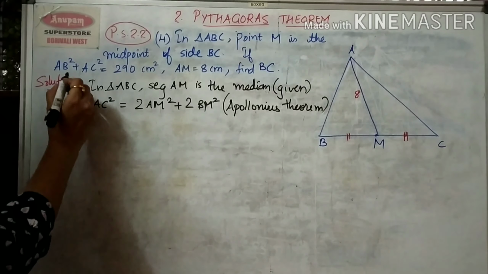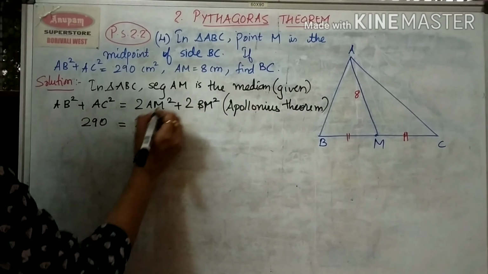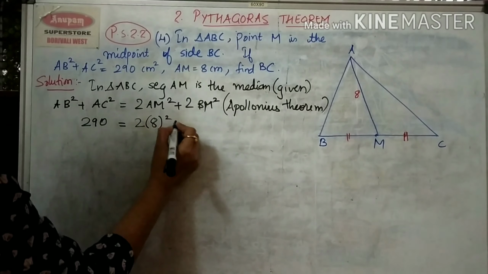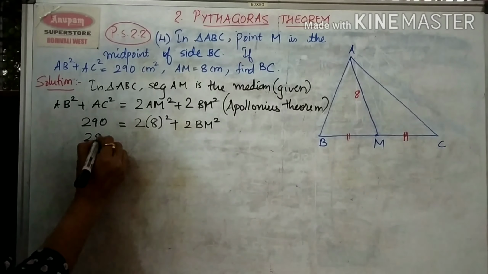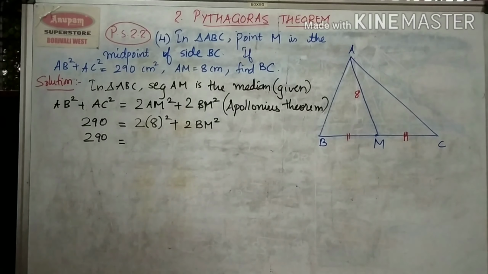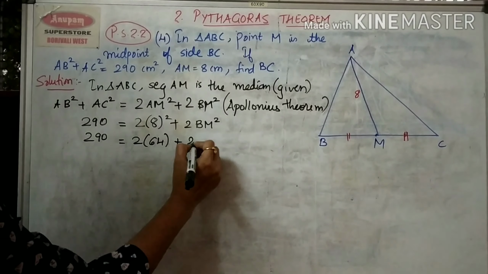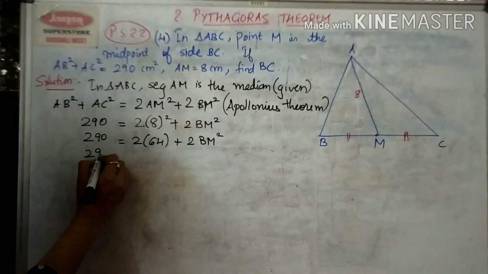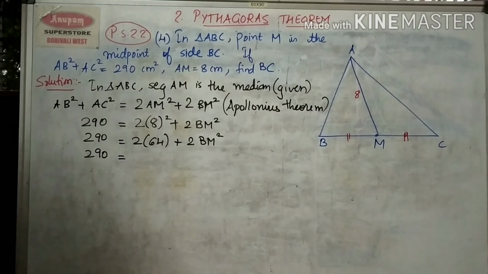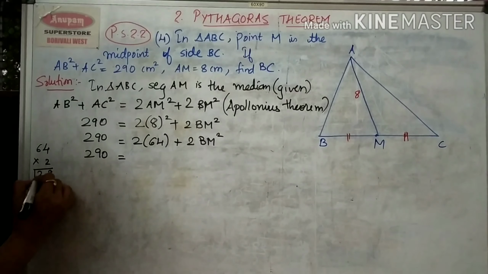Now, AB square plus AC square is 290. So 290 is equal to 2 into AM square, which is 8 square, plus 2BM square. Let us solve this. 290 is equal to, the square of 8 is 64. So 2 into 64 plus 2BM square. Now 290 is equal to, you can multiply this 2 into 64. 64 into 2, 4 2s are 8 and 6 2s are 12, so 128.